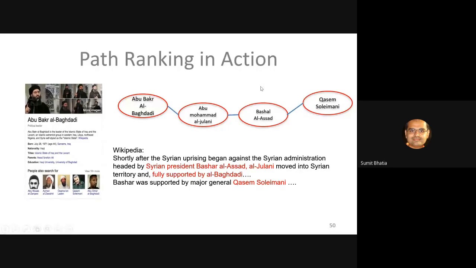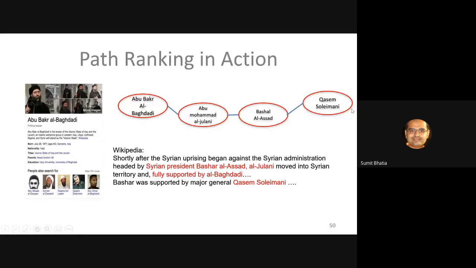So that's the connection. Abu Muhammad al-Julani was leading the fight for ISIS in Syria, right? Syria's president is Bashar al-Assad, and al-Assad's military general is Qasim Soleimani, who was leading the war against al-Julani, right? So this is how the system is able to find how these two entities might be related.